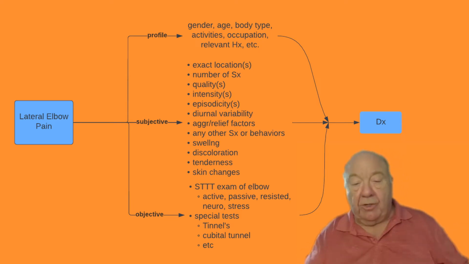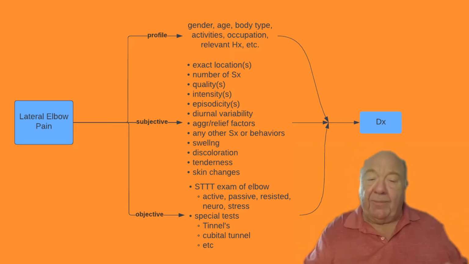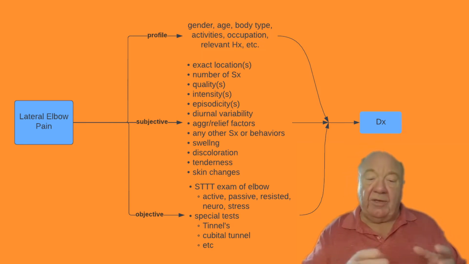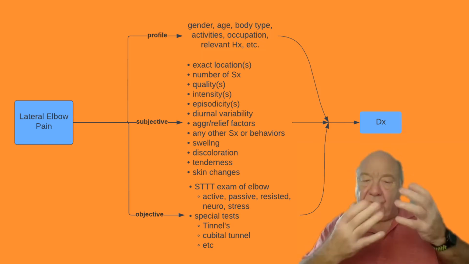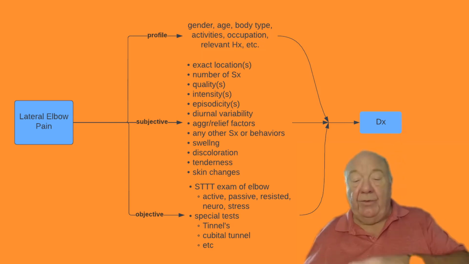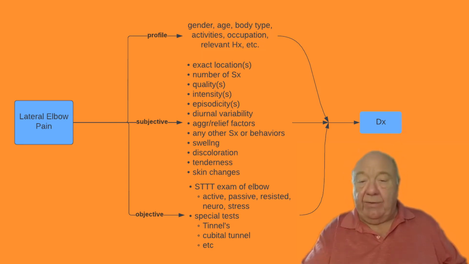You would do neurological testing around it, and that's it. On top of which, you may or may not have special tests in the elbow. You might be looking at Tinel's test, cubital tunnel syndrome tests, and so on. These tests will be indicated because of the history or because of what you found in the routine selective tissue tension test. You take all those three things together and you make the diagnosis.